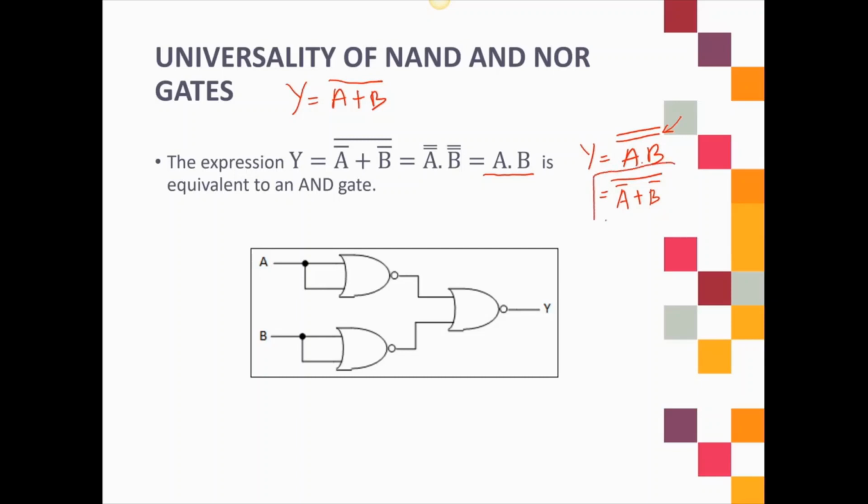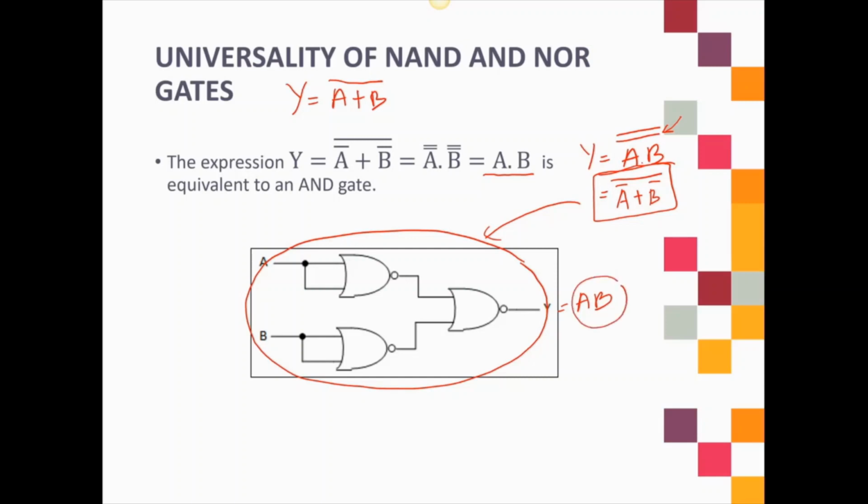So this is how you can draw AND by using only NOR gate. You need to draw these equations, and you will get this one, which means this whole circuit represents AND, which is A and B. If you draw this circuit, and also A and B, and then you run the circuit, you will get the same answer.